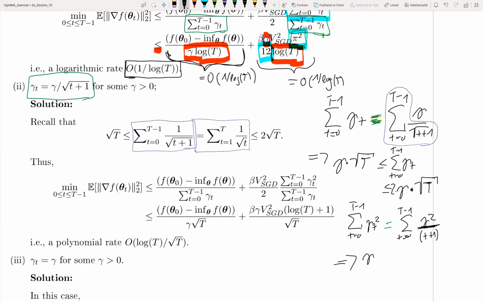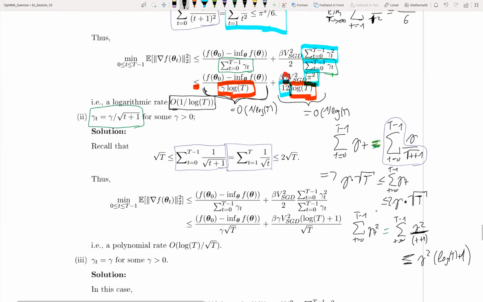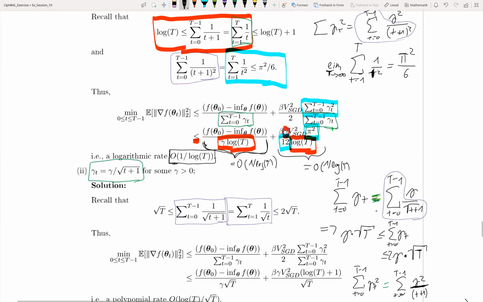Namely, it will be lower bounded, but we only need the upper bound actually. So we know that this is upper bounded by gamma squared times logarithm of t plus 1. That's the harmonic series that we have here.